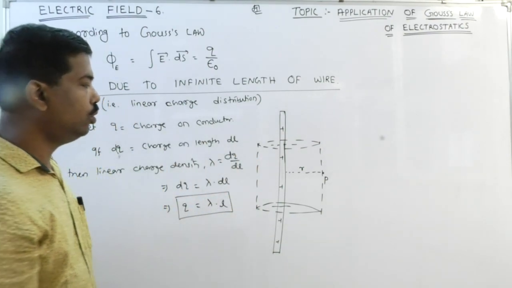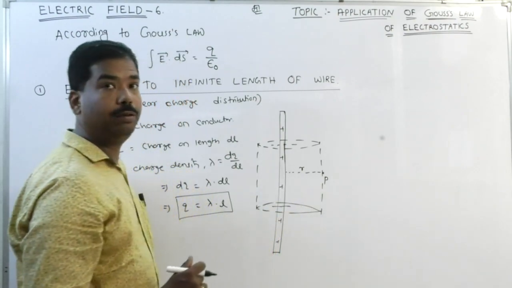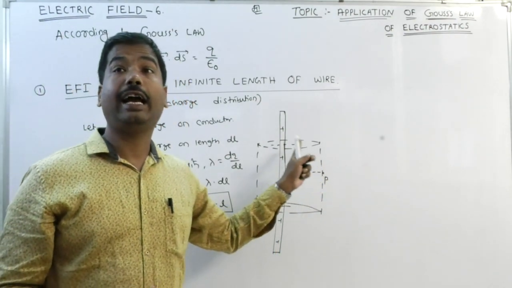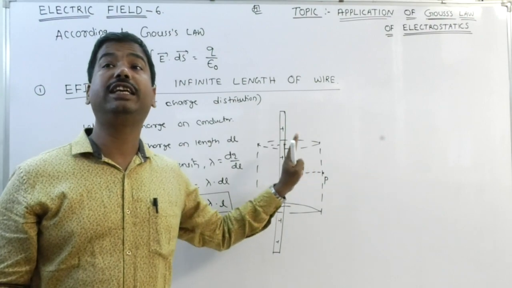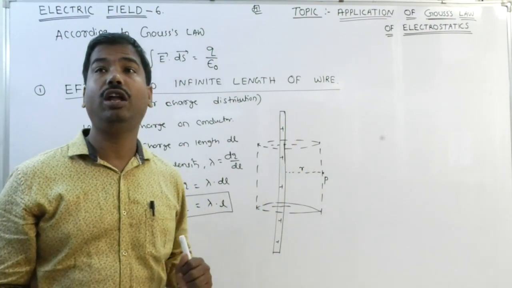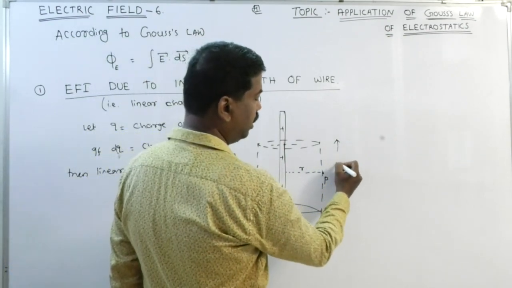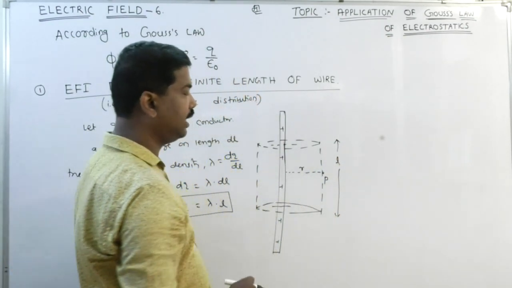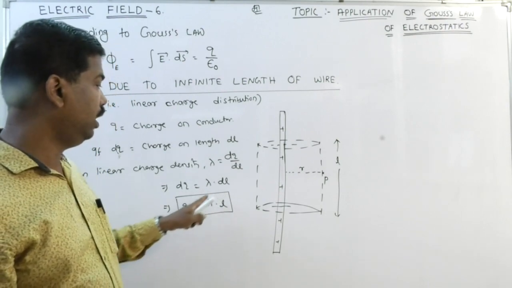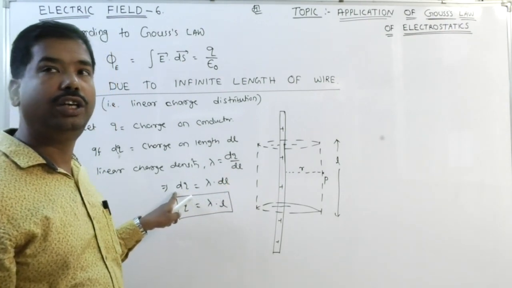Clear? So I have assumed a cylindrical shape, and this is a completely hypothetical concept in which its electric field is experienced, and that region is called Gaussian surface. So the length of the Gaussian surface will be L if the charge is Q, and dl if charge is dq.